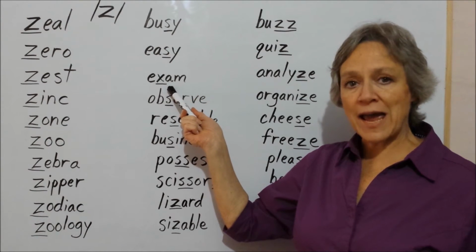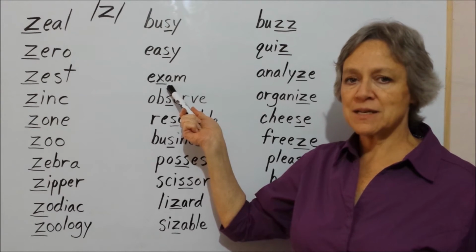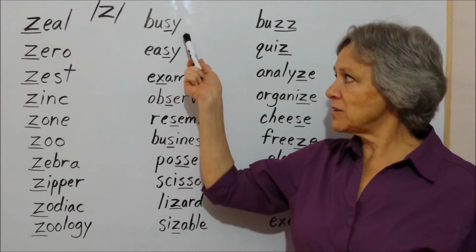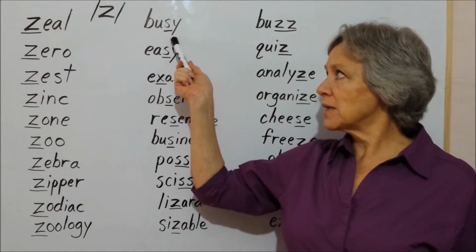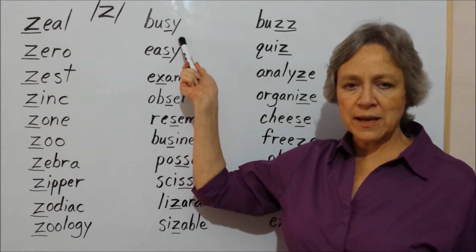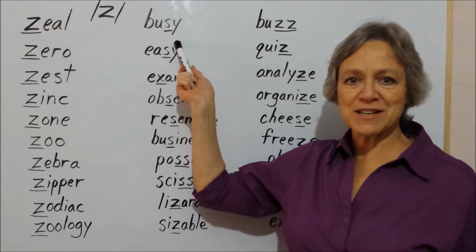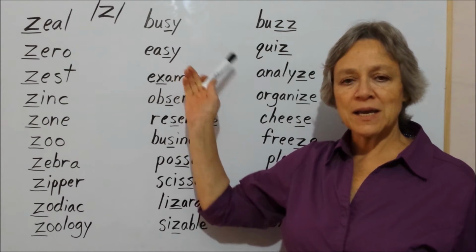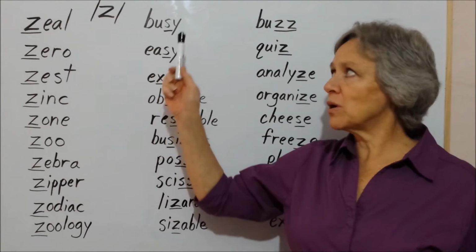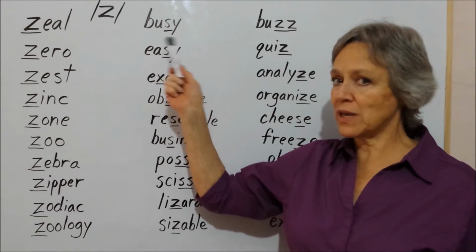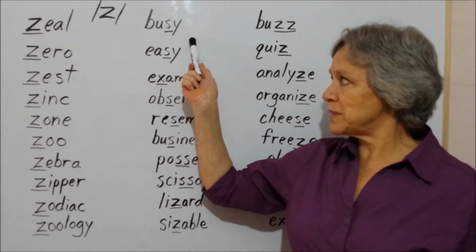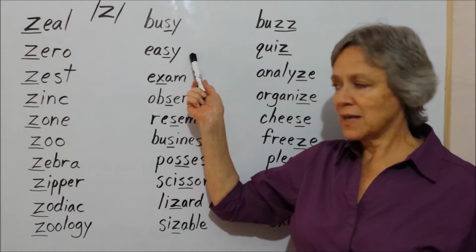Also, we have the letter X making the z sound. In these two words, we see the ending of the word is sy, and this makes the z sound. In the previous list of words, we also had sy, but that made the s sound, so we can have both. This is busy and easy.